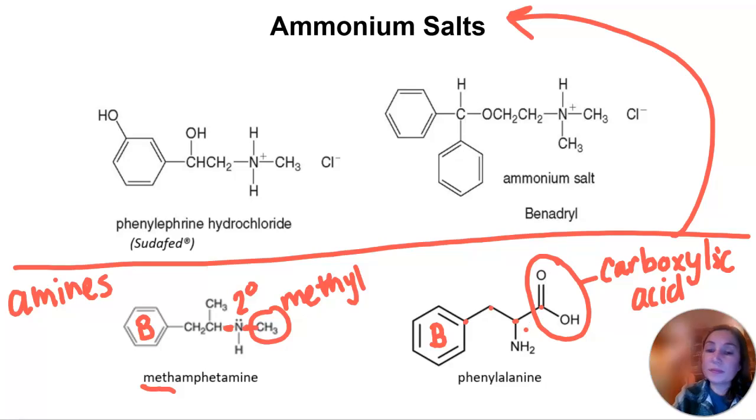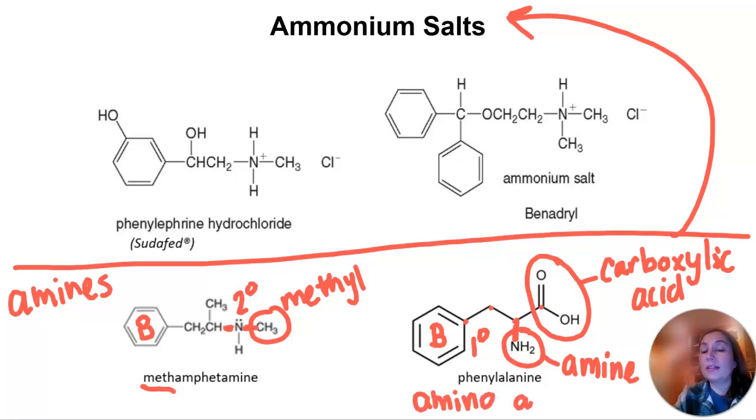And then the NH2 coming off of the molecule, that's an amine functional group. The nitrogen is bonded to one carbon, so it's a primary amine. So this amine and carboxylic acid make phenylalanine an amino acid. These are super important building blocks for proteins. So we're going to keep studying the amine group in terms of studying amino acids as well.